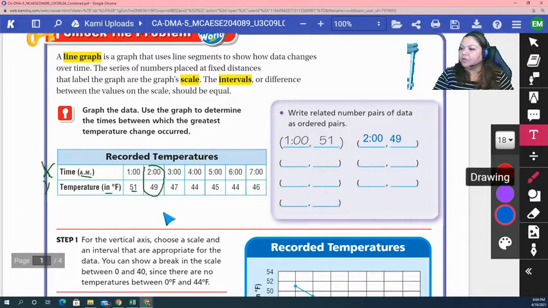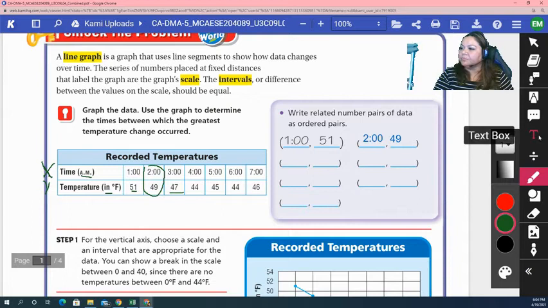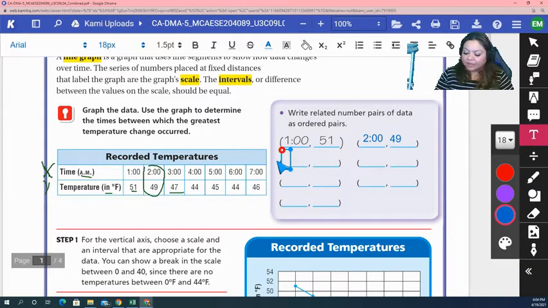Now we're going to do the third one, which is a 3 in the x coordinate, and then on the y coordinate we have a 47. And we continue doing that until we have all of our coordinate pairs, ordered pairs. So we did 3. Now we're going to do 4.